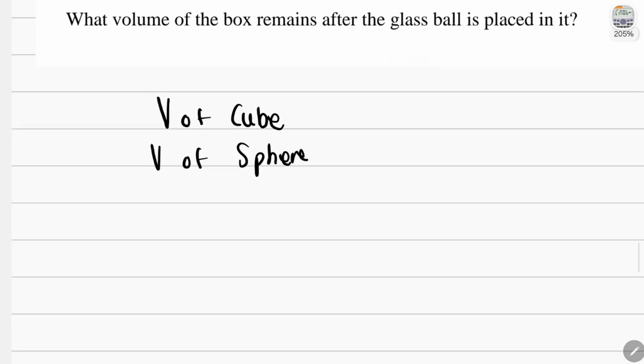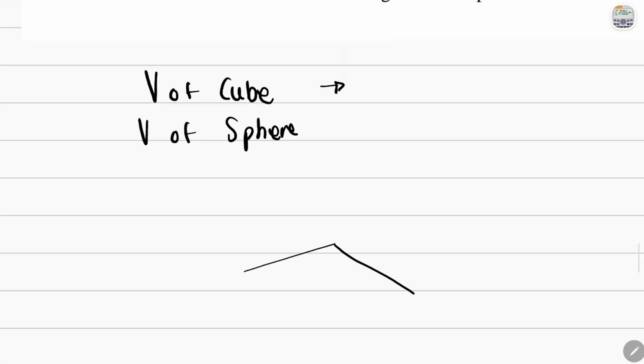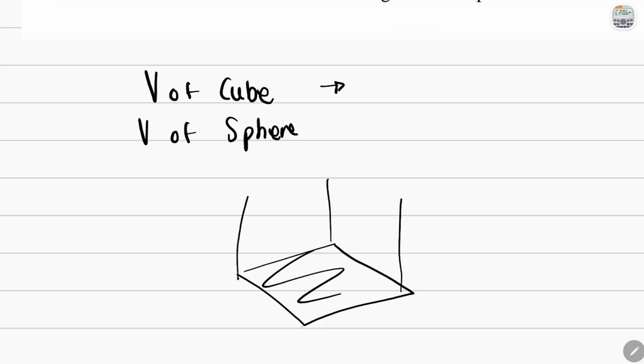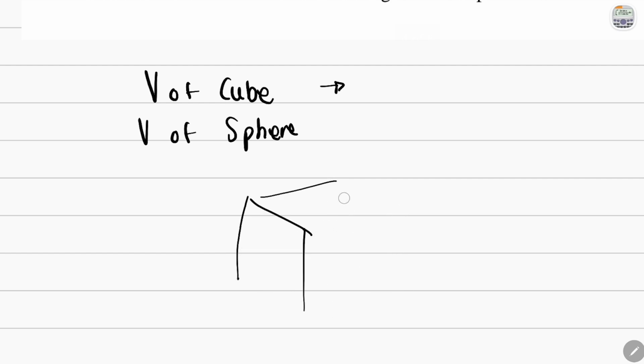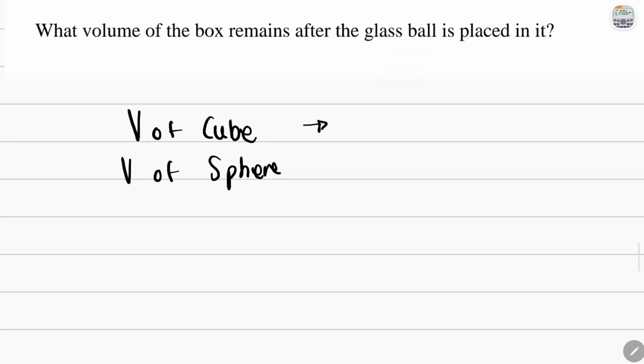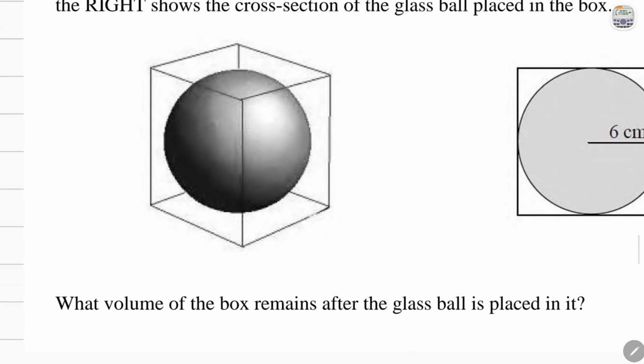To find the volume of a cube, very simple. It's just the area of the base multiplied by the height, so that you can get the entire space that is filled up in the shape. Since this is a cube, all the sides are exactly the same.